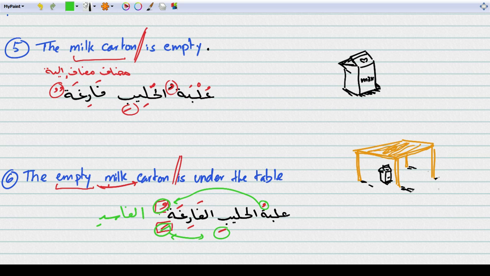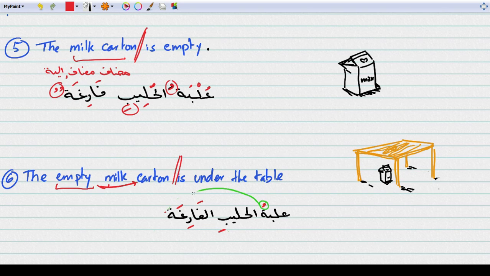Since حليب is masculine, you use the masculine form of the word fasid, and fasid means spoiled, which means you cannot use it, you can't drink it. So that's a very important thing to notice. That's why we stress the endings. The endings define the meaning in a certain way of the sentence.